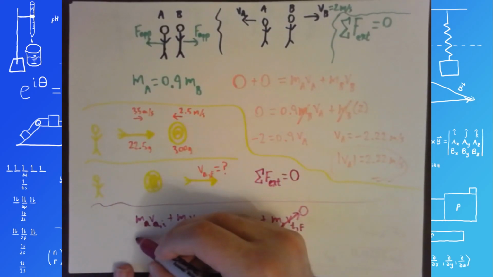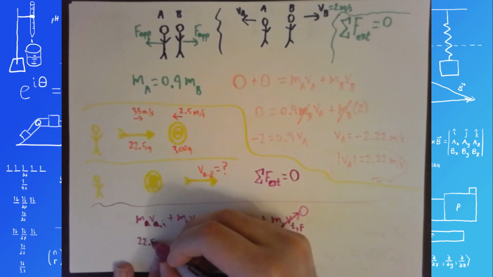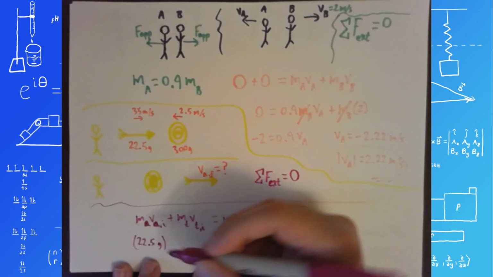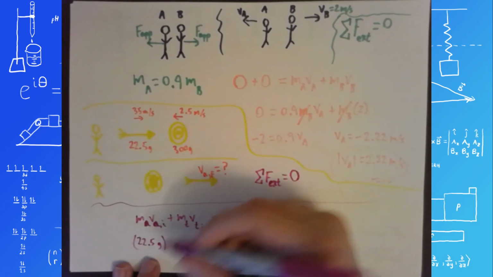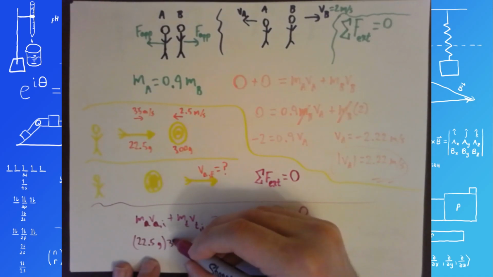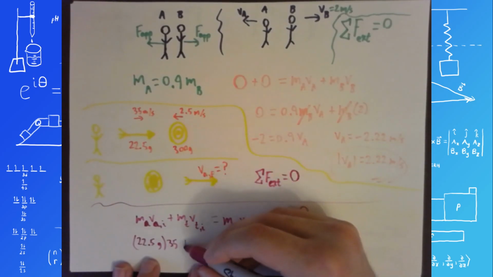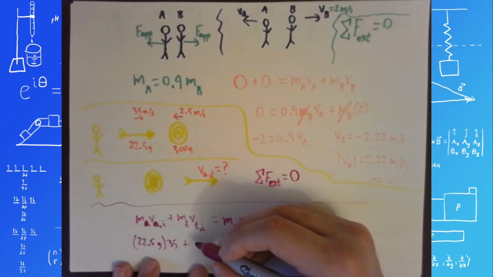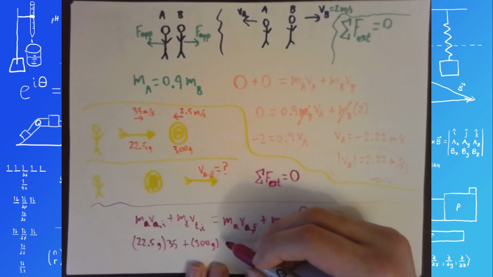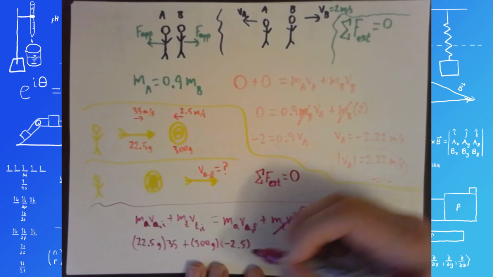So mass of the arrow, 22.5 grams. I'm writing the units in just so that we can show that they're going to cancel out. Times v arrow initial is 35 meters per second plus mass of the target is 300 grams times negative 2.5 meters per second.